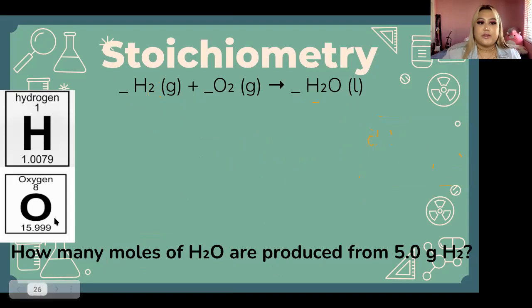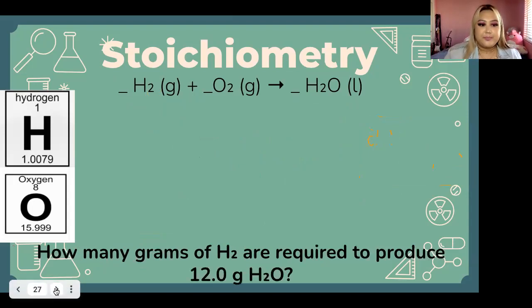Let's do our last problem. How many grams of H2 are required to produce 12 grams of H2O? Okay, so putting this back in here. 12 grams of H2O.